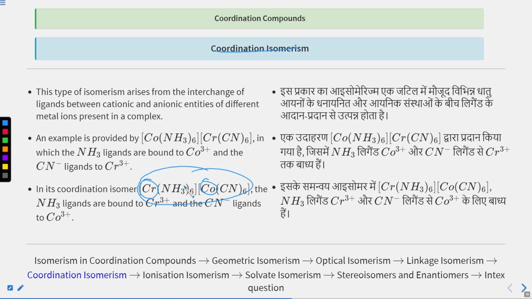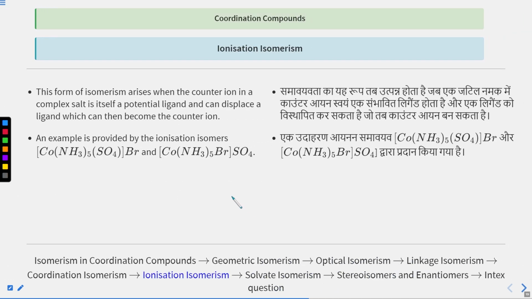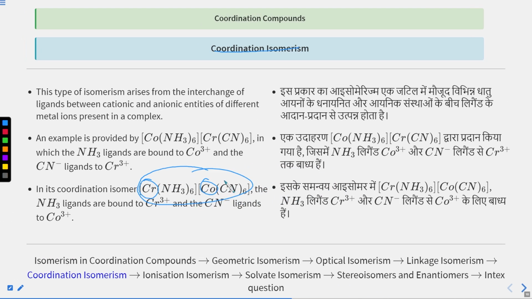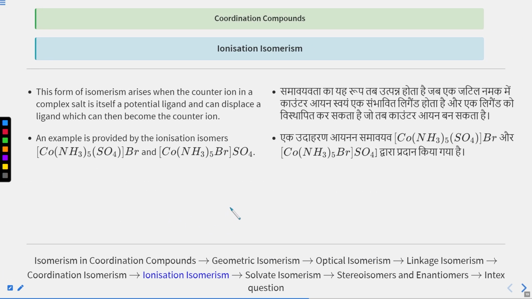Initially, all of the NH3 are chelated to Cr, and all of the CN are chelated to Co. Now, in this isomerism, suppose one of the CN goes and chelates to Cr, and one of the NH3 goes and chelates to Co. In that case, we have coordination isomerism. Okay, clear? You can have more examples for a mononuclear complex also. Let us focus on mononuclear.